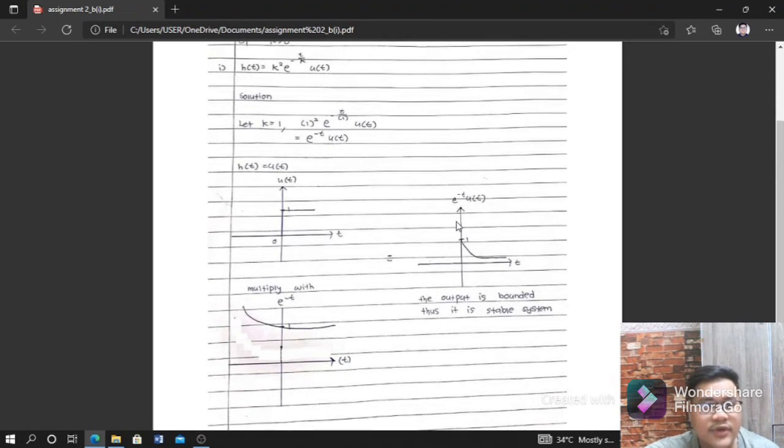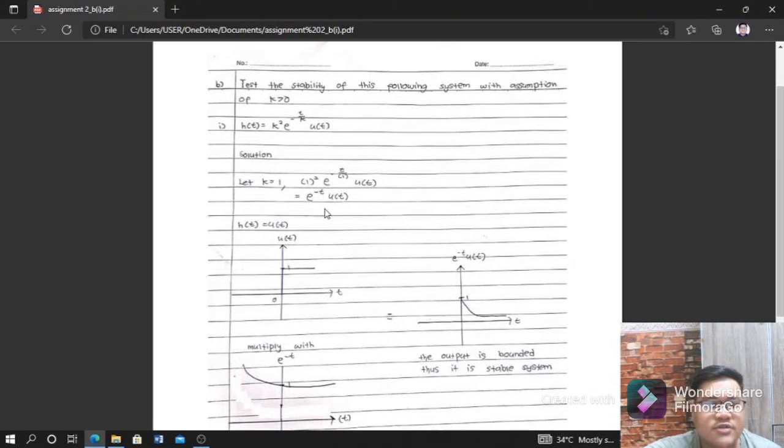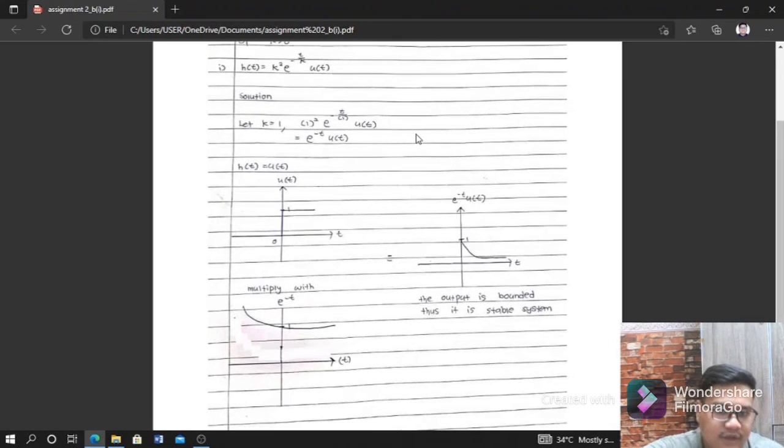This is the solution: first, substitute the value of k; step 2, draw both graphs, the u(t) graph and the exponential graph, and multiply them; then determine whether the output is bounded or not. If bounded, it is a stable system, and if not, it is not a stable system. So that's all.